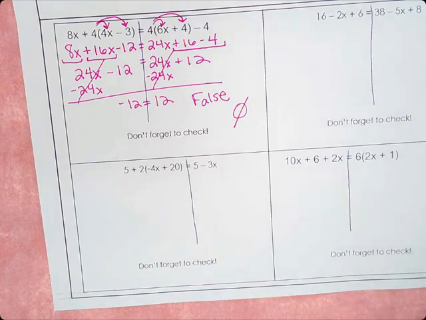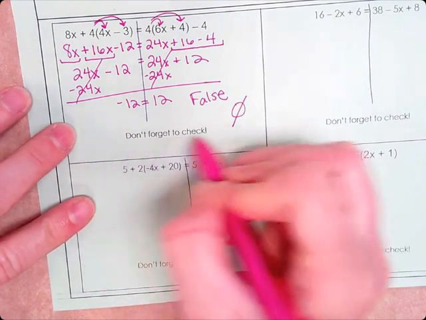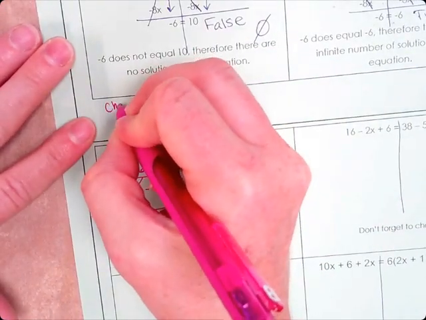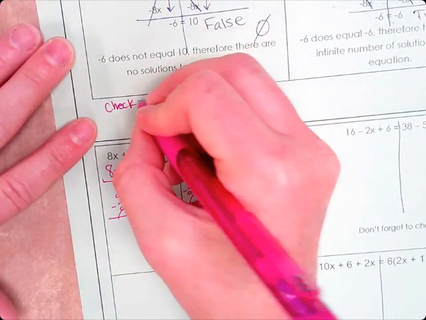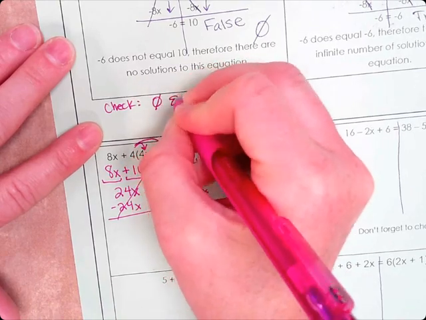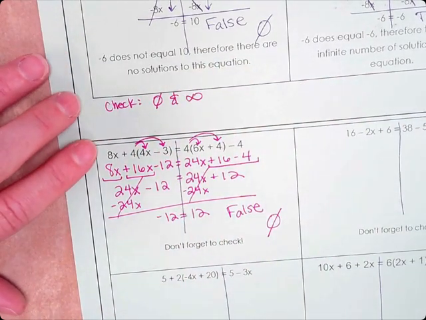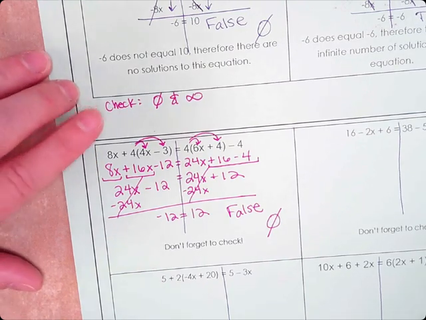I do want to show you how to check your work because it says on here, don't forget to check. Okay, to check no solution and infinite solutions, add this to your notes, please.